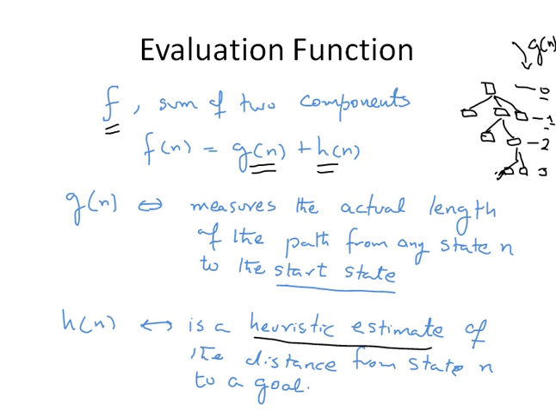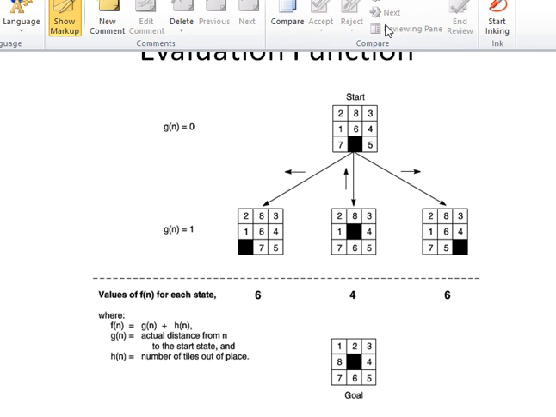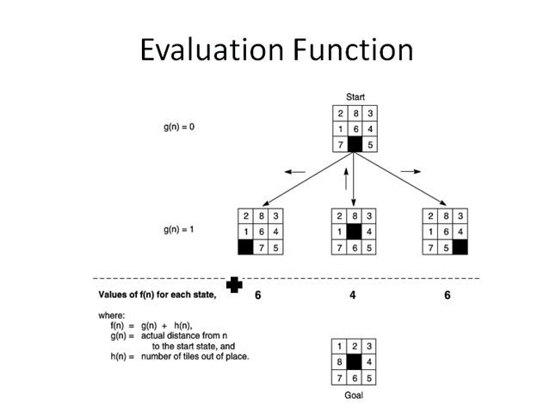Okay, I hope this is clear now, and moving on to here. This is again signifying the same concept: basically we look at the level, and at each level the value of g(n), the actual length of the path from any state n to the start state, and h(n).